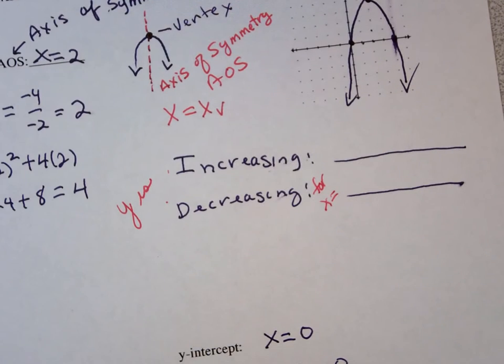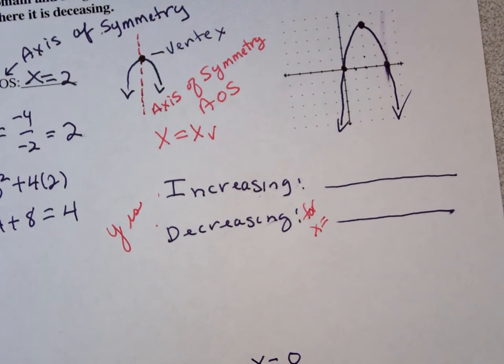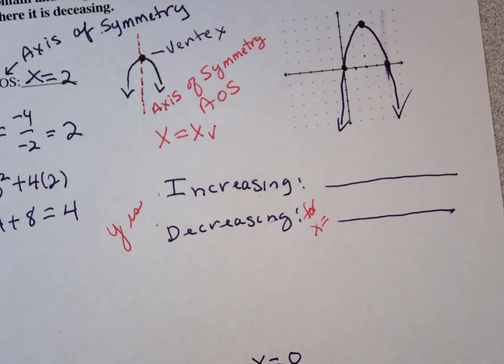So my answers are x values. But once you have the vertex, by the way, you can answer all of these questions. You can answer the axis of symmetry. You can answer increasing or decreasing. The only ones you can't answer are x and y intercepts.